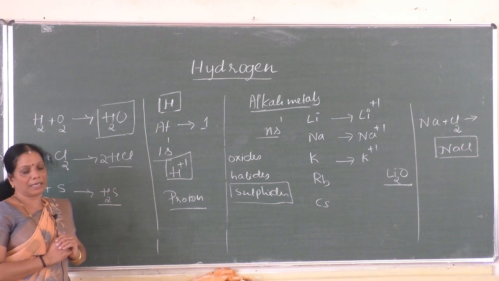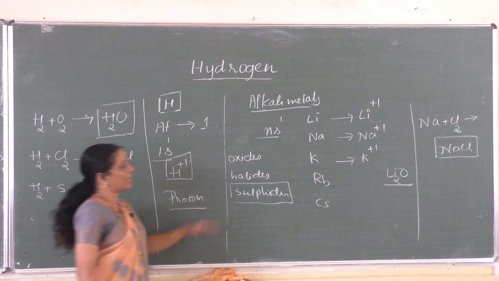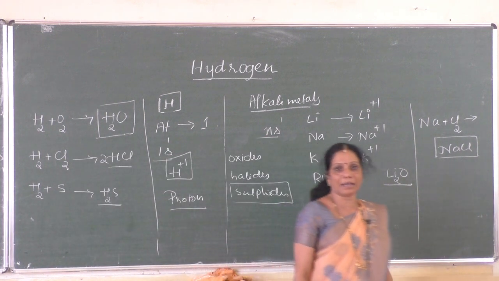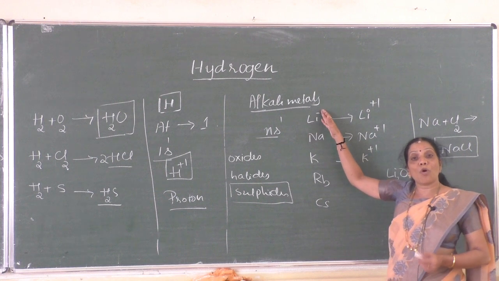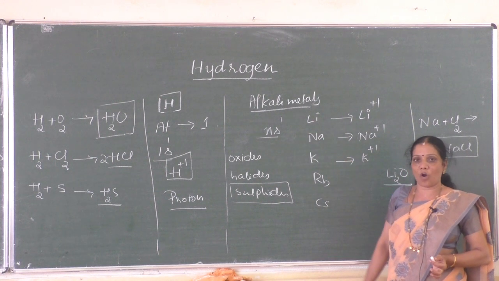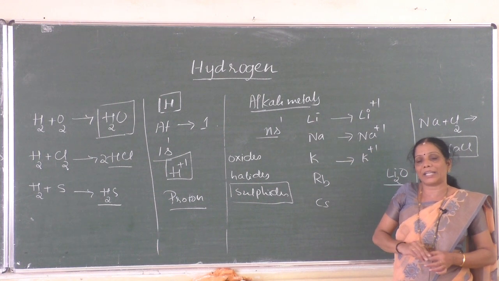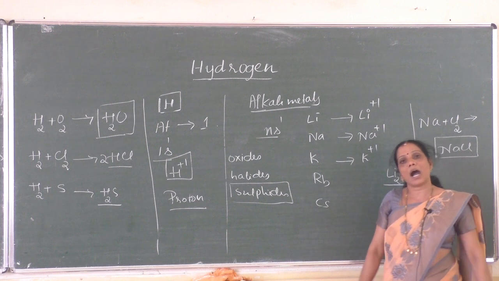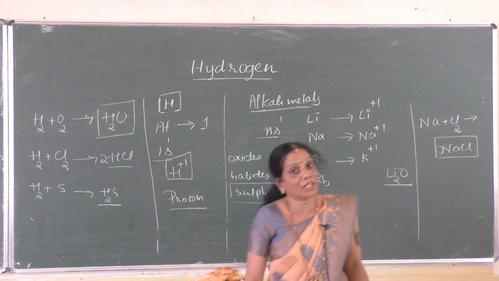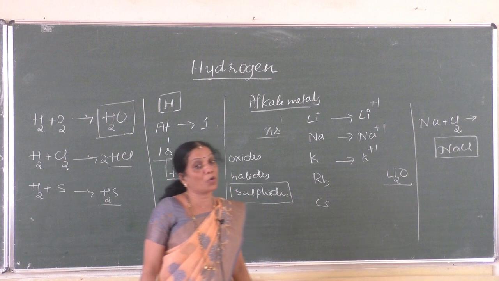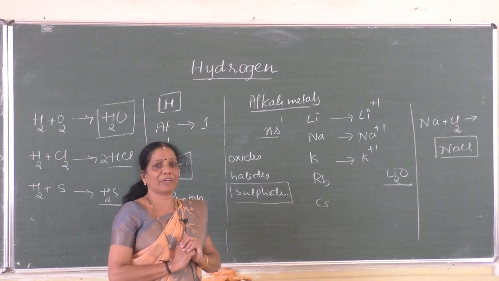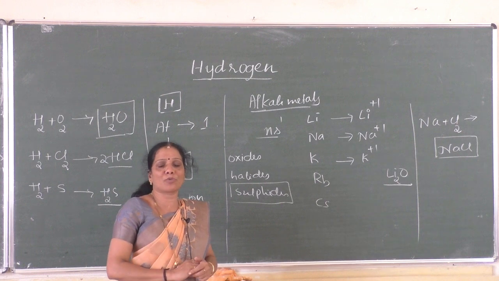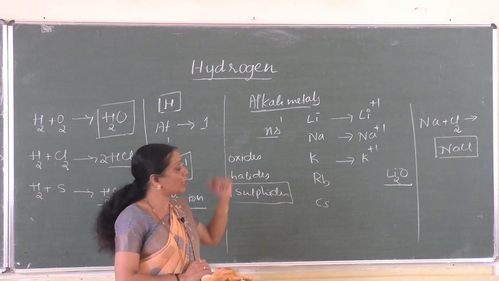Along with that, if I consider the first group elements, nothing but alkali metals, we know that since the outermost shell contains a single electron, after the loss of that electron, they can reach the highly stable state. Ionization enthalpy of these alkali metals is always very, very less. The amount of energy required to remove that outermost electron is very less in the case of what?